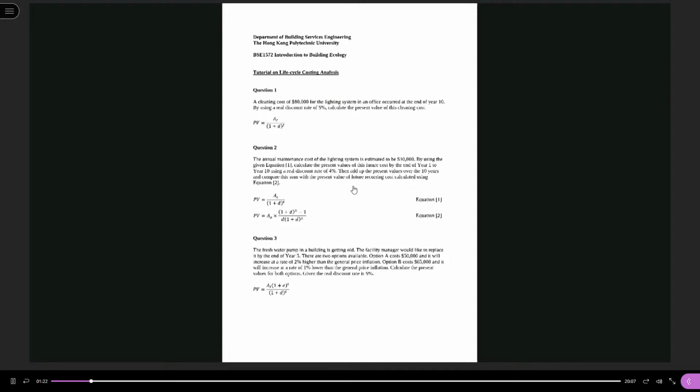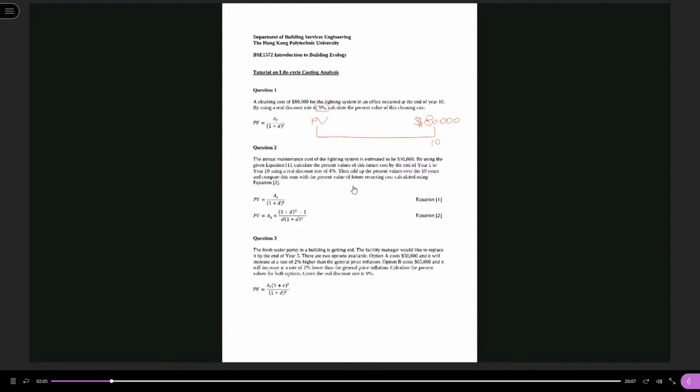A cleaning cost of 80,000 for the lighting system in an office occurred at the end of year 10, by using a real discount rate of 5%. So if we draw a timeline, at the end of the 10 years we will pay this amount, 80,000, and we want to find the present value of this amount, and the discount rate is 5%.